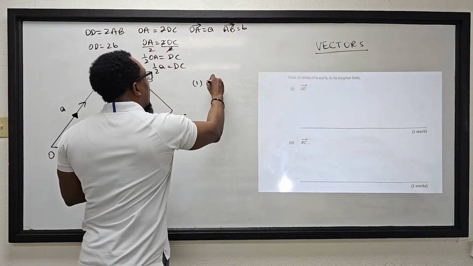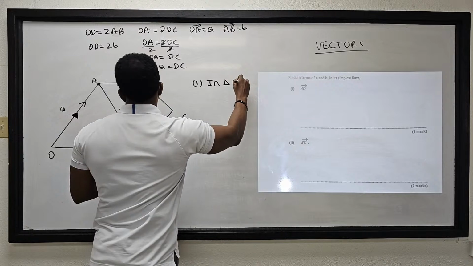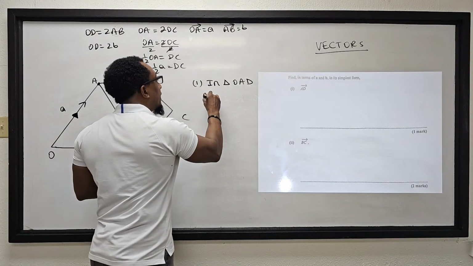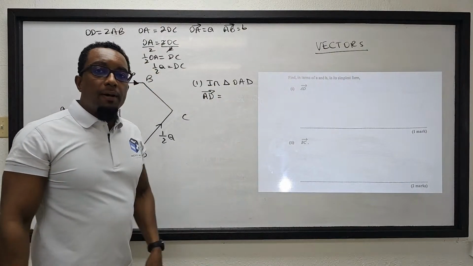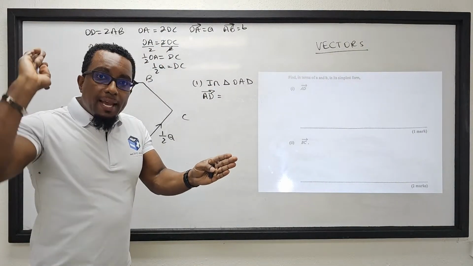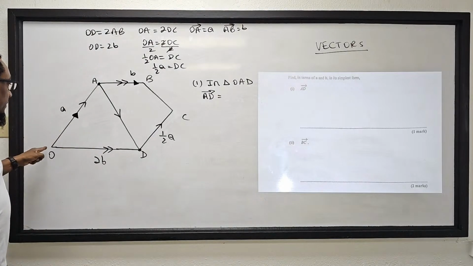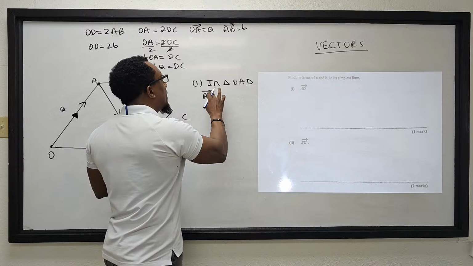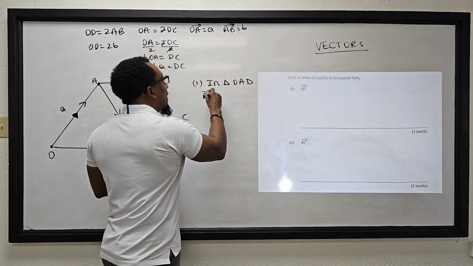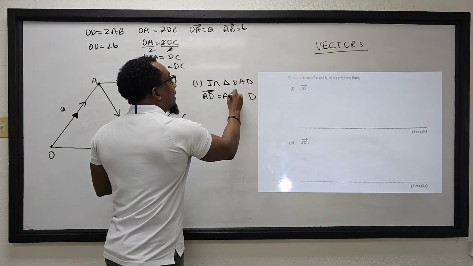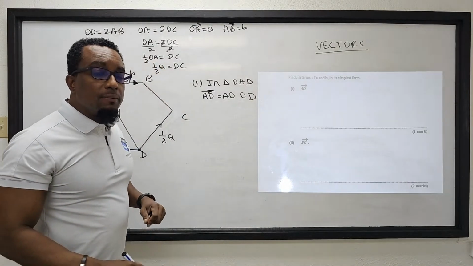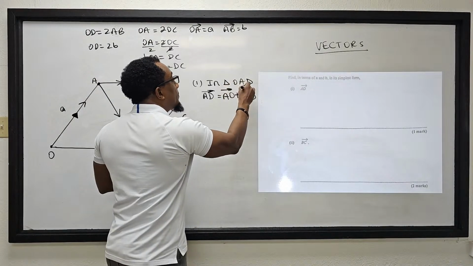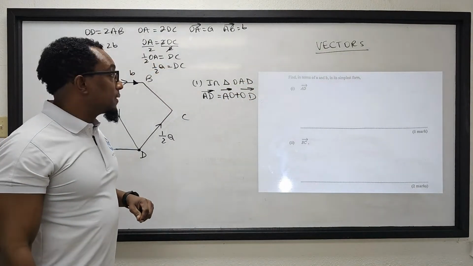So I'm going to say in triangle OAD, how do we set up our equation? We start with vector AD. And remember, we begin with A, we end with D, and the third vertex on that triangle is O. So we know O has to be placed at the middle. So I'll have A, I'll have D, and I'll place O in the middle, O being the third vertex on that triangle, separated by an addition sign, and of course I'll put my arrows on top of my vector quantities.